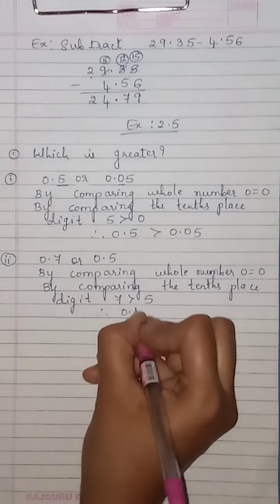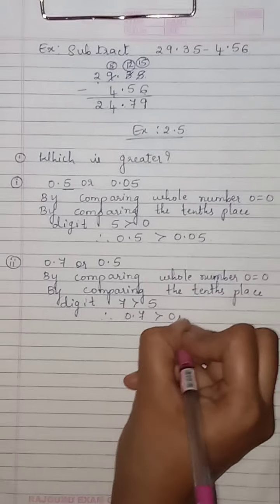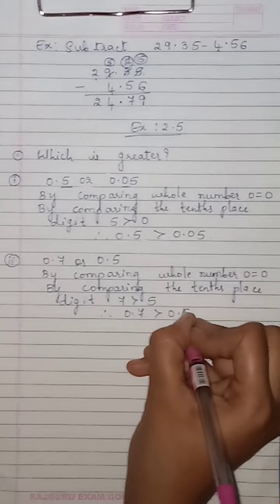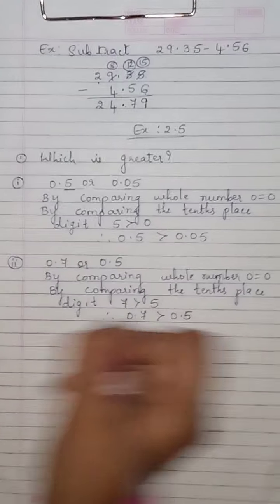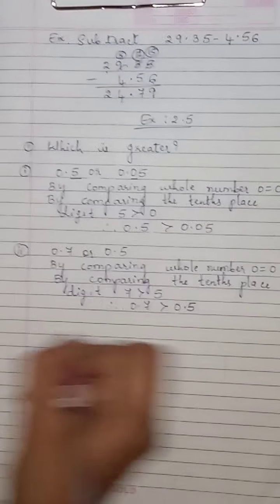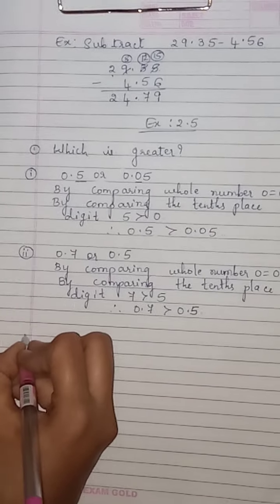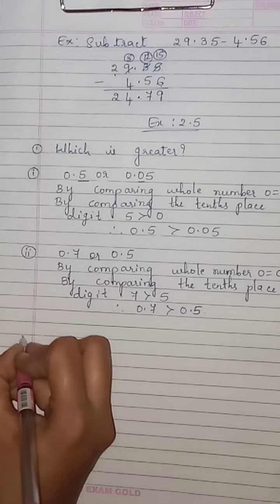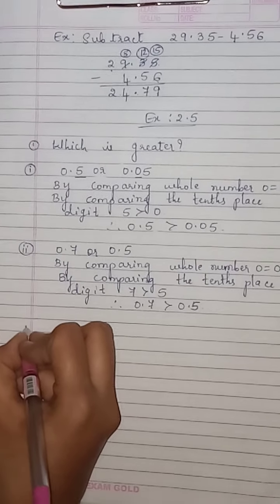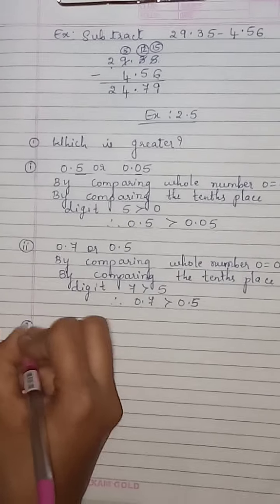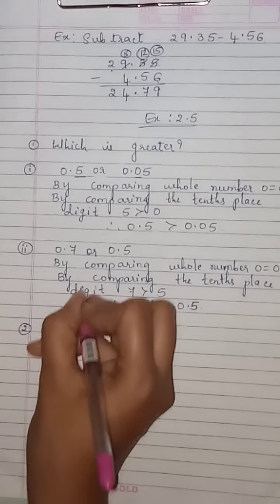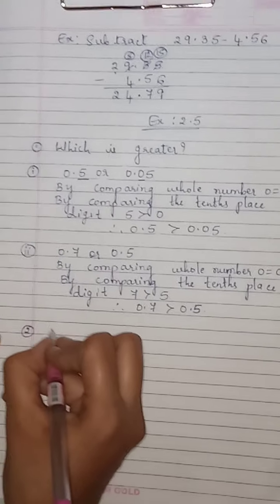Therefore, 0.7 is greater than 0.5. Next, we will see the second main. Here in the first main, a few sums are there. You solve those yourself.